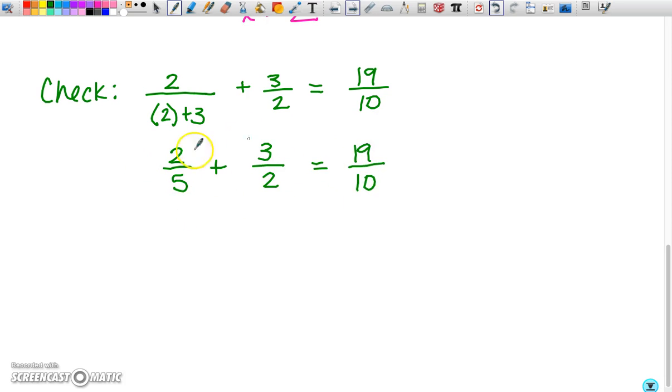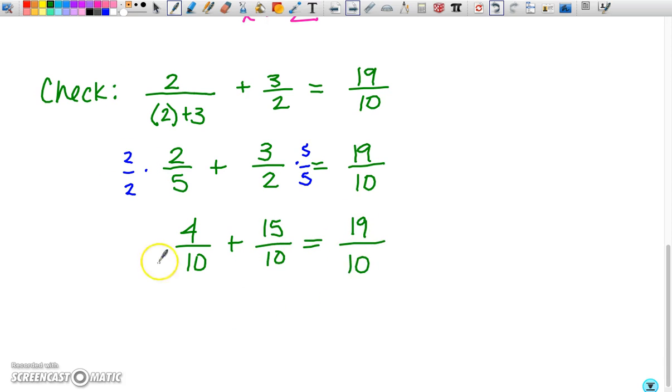We need a common denominator in order to add those together. So I'm going to multiply the top and the bottom here by 2 and over here by 5. That way we get 4 over 10 plus 15 over 10 equals 19 over 10. Add them together, and you get the same thing on both sides. So it is actually a solution.